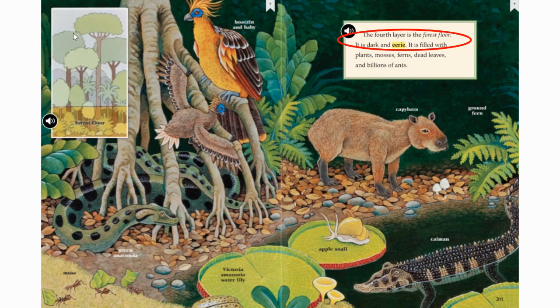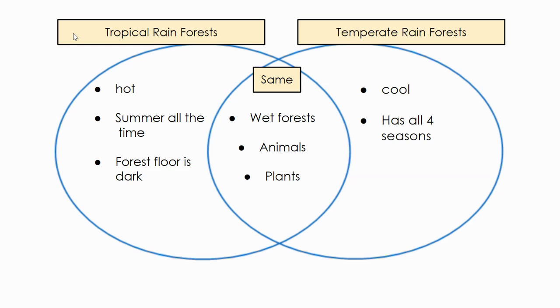Okay, so let's remember that it is dark on the forest floor in a tropical rainforest. So I wrote down under tropical rainforest that the forest floor is dark. So go ahead and pause as you write and play again when you're ready.